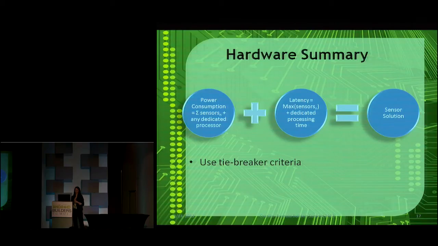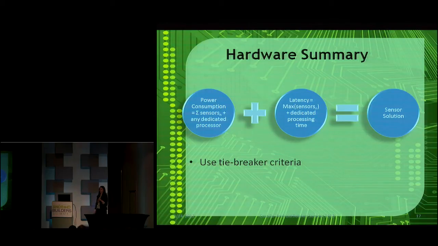We also want to add up the latency by taking the max latency from any one of the sensors plus its dedicated processor time. Once you have that, you have sensor solution A. You'll want to do this so you have multiple sensor solutions. That way you can compare and contrast them.